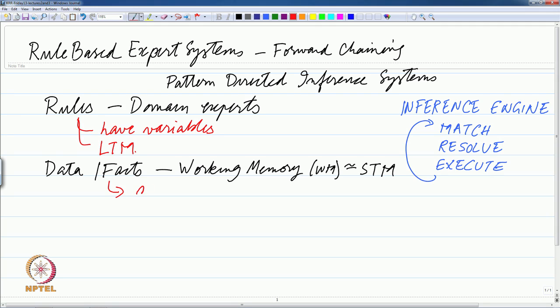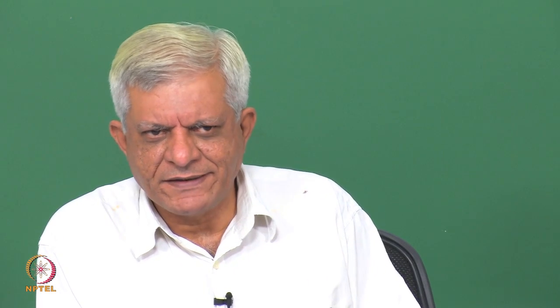Now, facts do not have variables. So, in some sense we have put an extra condition on what we started off by saying. We looked at the unification algorithm, and we said the unification algorithm is used to make two expressions or two formulas identical by substituting variables for some patterns or values.